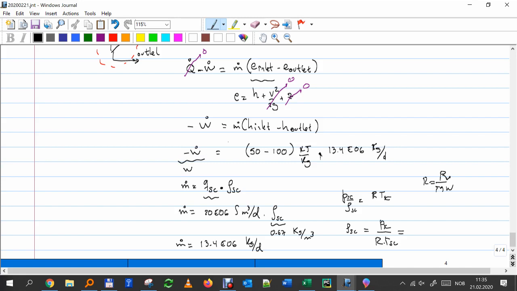What are the units of watts? Joules per second, right? So I should change this from days to seconds. One day is how many seconds? 24 times 3600, right? How many watts do I need for my compressor?